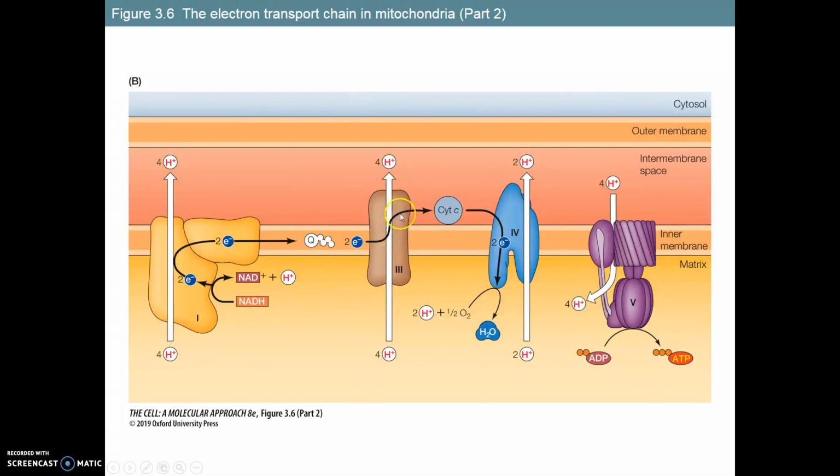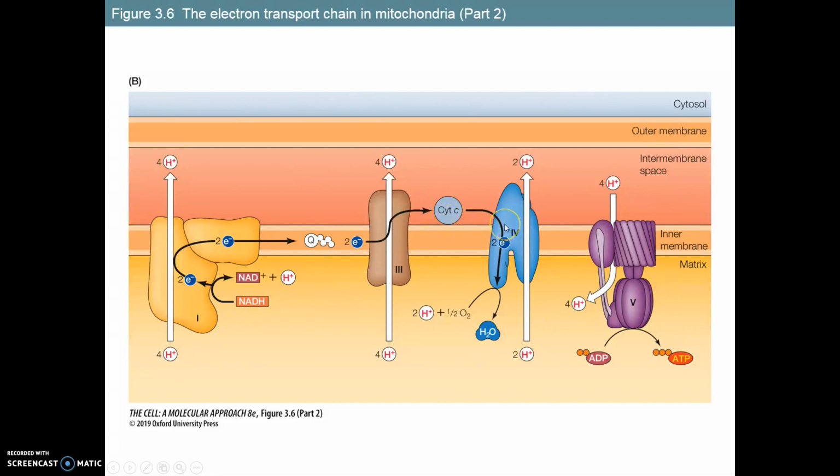Those slightly lower energy electrons are then dumped onto something called cytochrome C, which transports those electrons in this inner membrane space from complex 3 to complex 4.